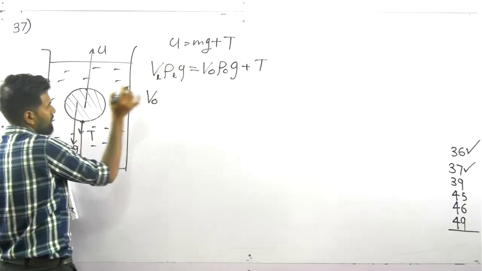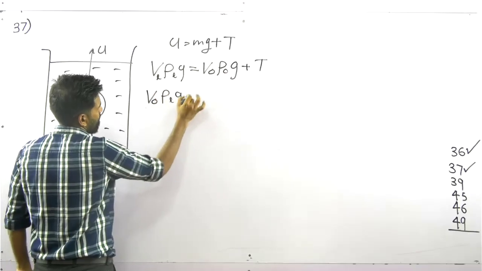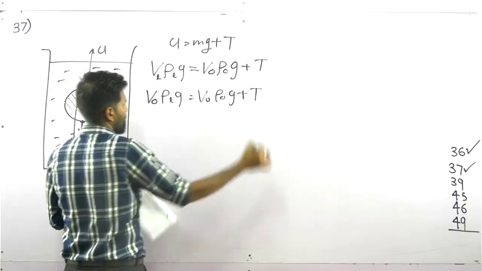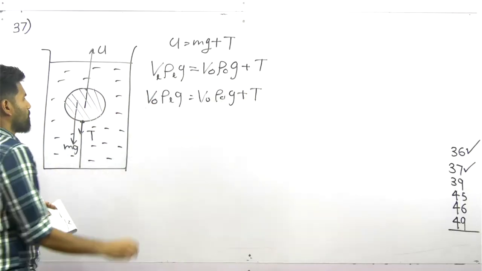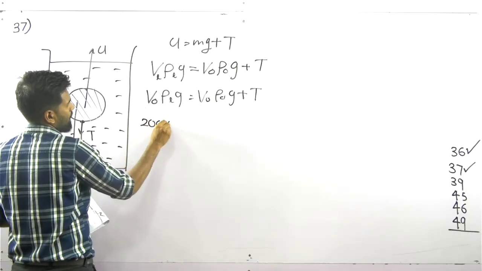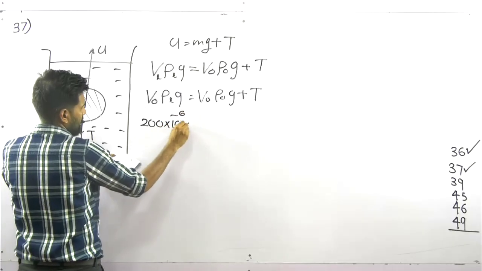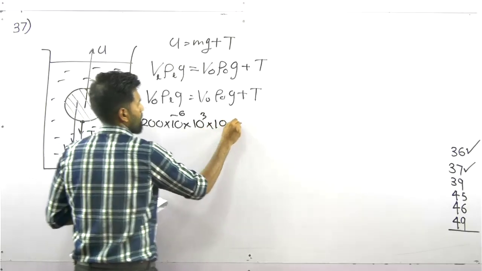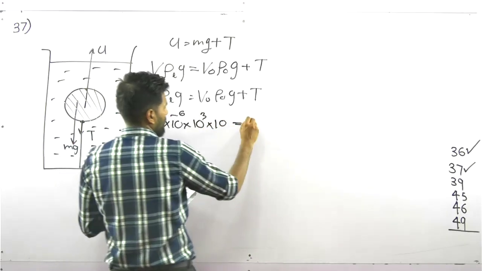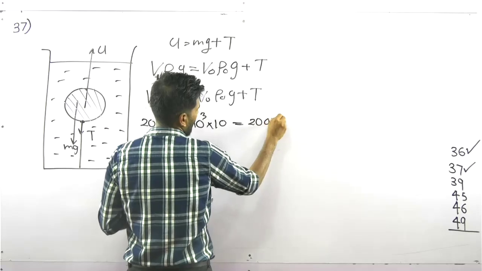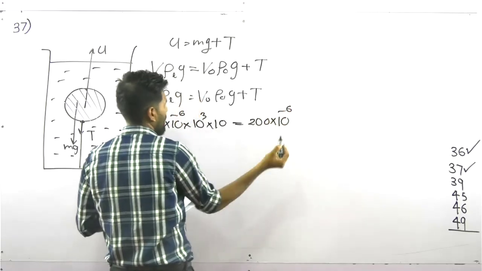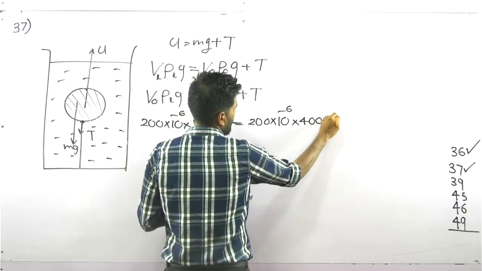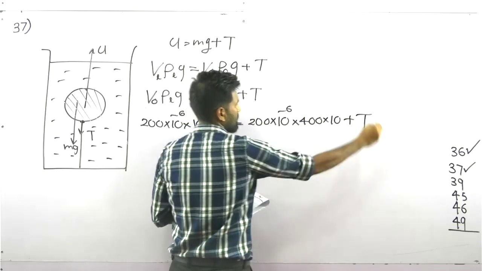Full one is inside the liquid, plus T. Okay. So what is the volume? 200 into 10 to the power minus 6. Liquid density 10 to the power 3, g is 10. Volume of the object is also 200 into 10 to the power minus 6, same, full volume inside, but the density differs, it's just 400, g, plus T.